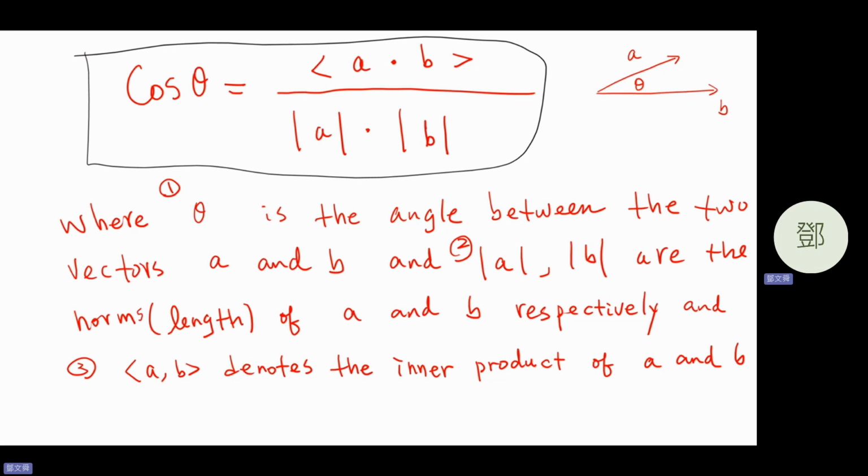And number three, the bracket with A comma B denotes the inner product of the two vectors. You know inner product?